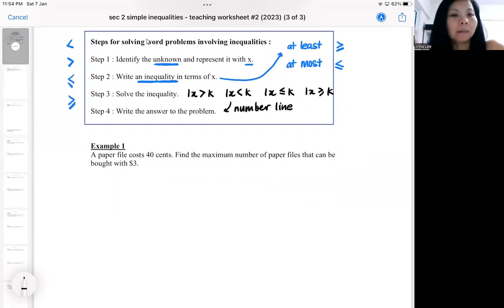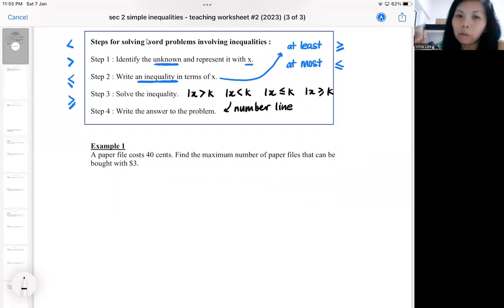The most you can buy is 7 files, because 7 files will cost you 280, but if you buy 8 files, it will cost you 320. That's very obvious. But your job is to do it in an inequality manner, so you need to adopt the correct sign.